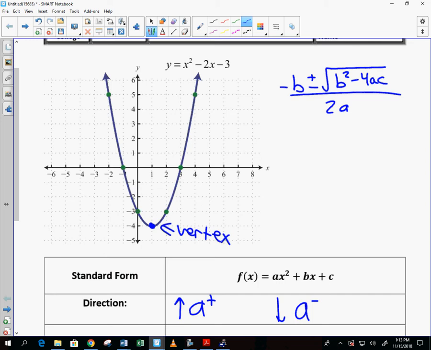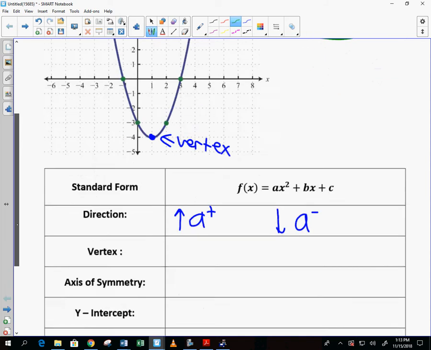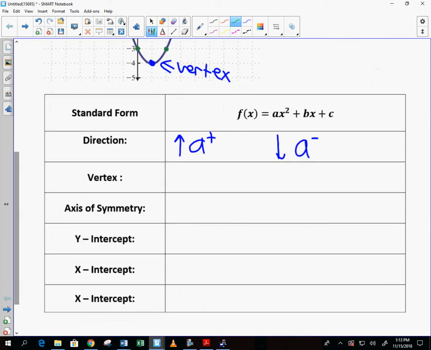All right, so it's sitting right there for you. The vertex is that part. The vertex is negative b divided by 2a. And the vertex has an x value and a y value. It's a coordinate. Taking negative b and dividing it by 2a will give you the x value.